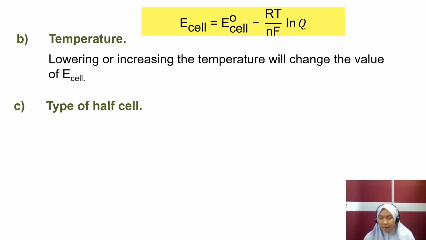If T increases, sorry for the bad handwriting, we are increasing this value, so the term that we deduct from E naught cell will be larger.